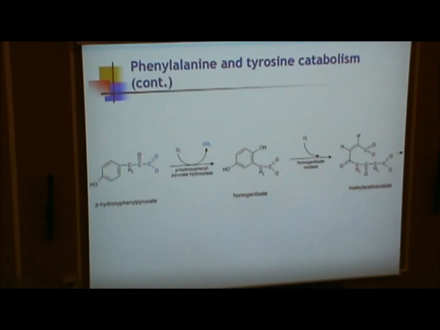This carboxylic group is removed in the form of carbon dioxide. The hydroxyphenylpyruvate is converted into homogentisate.